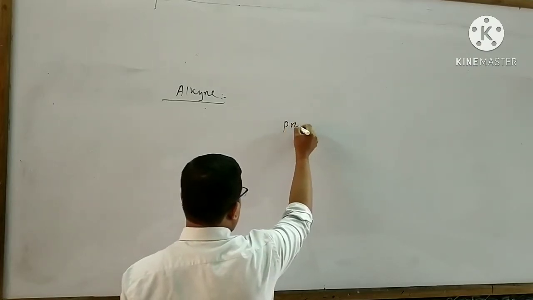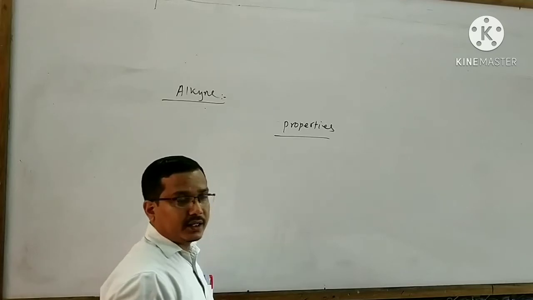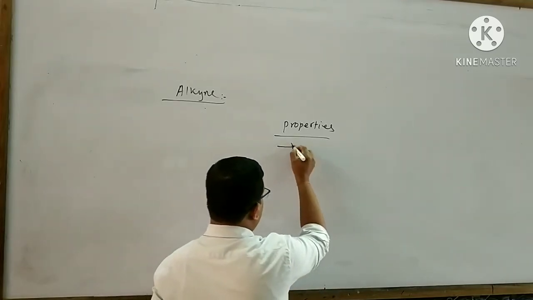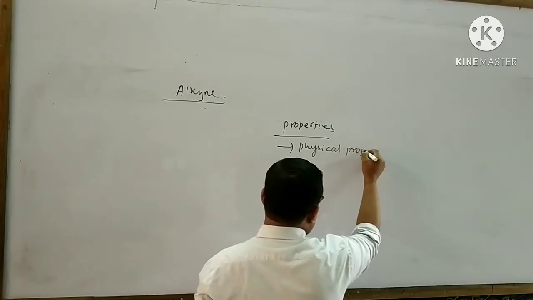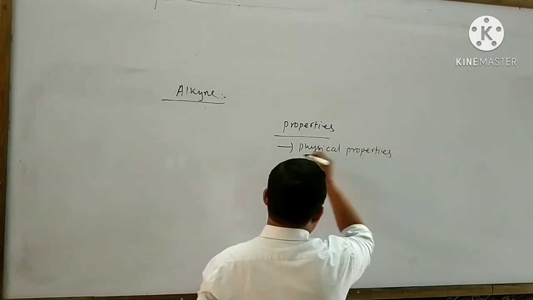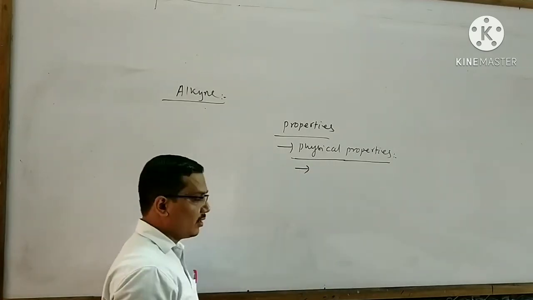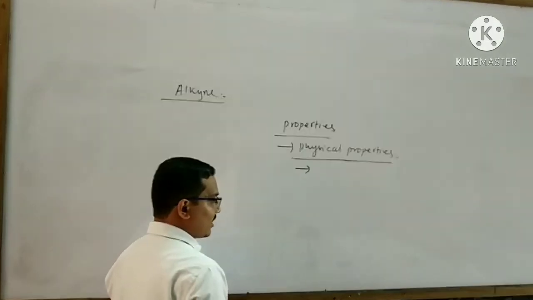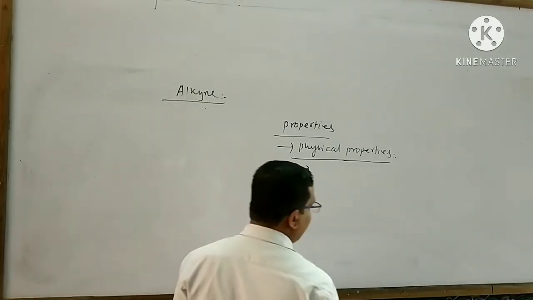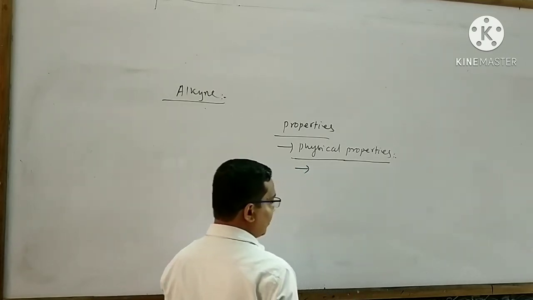Next I will explain about the properties of alkyne. At first I will discuss the physical properties of alkyne. The first three members are gases. Next 8 members are liquid and higher alkynes are solid.